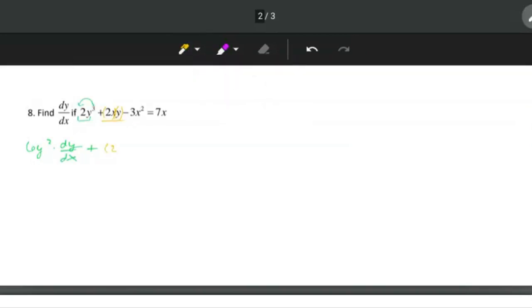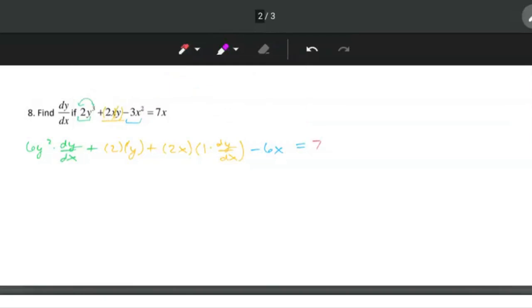Derivative of 2x is 2. Leave the y alone. Plus, leave the 2x alone. Derivative of y is 1, but you need a dy dx after it. Derivative of negative 3x squared is negative 6x, equals, on the right side, derivative of 7x is just 7.